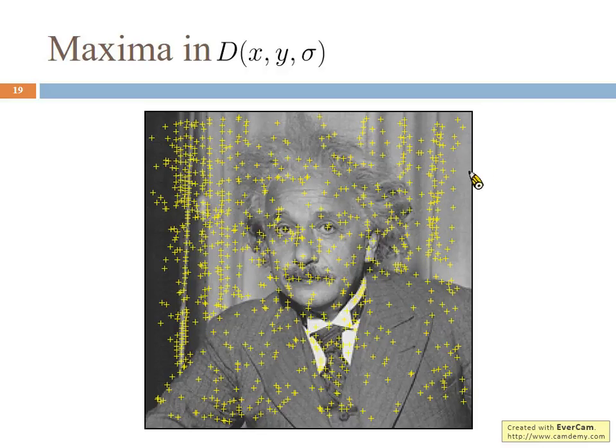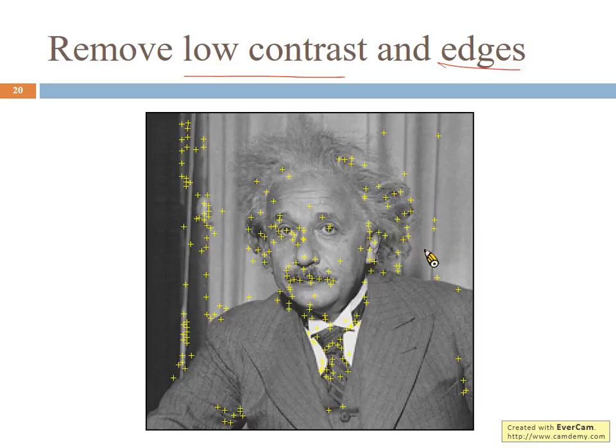So many key points located in the smooth area will be removed. You can see here, we just remain the feature points that are really extreme, with high contrast.